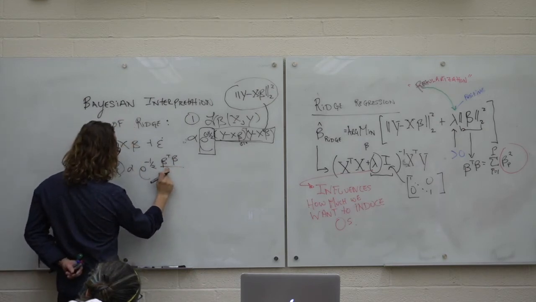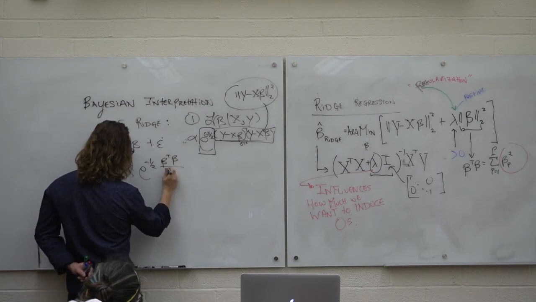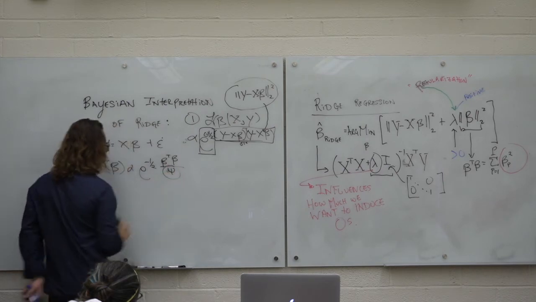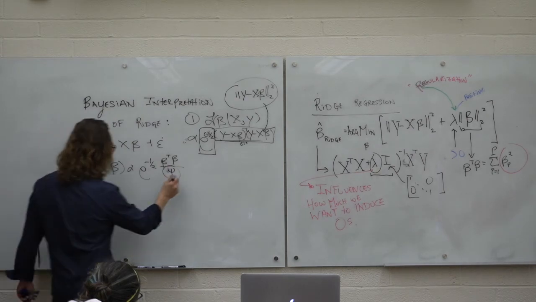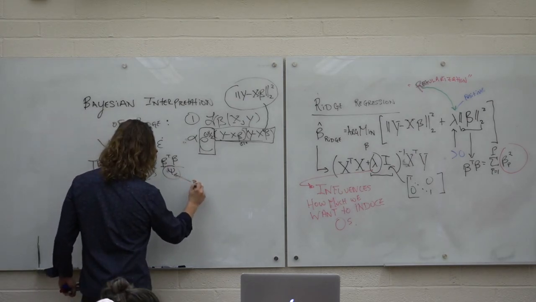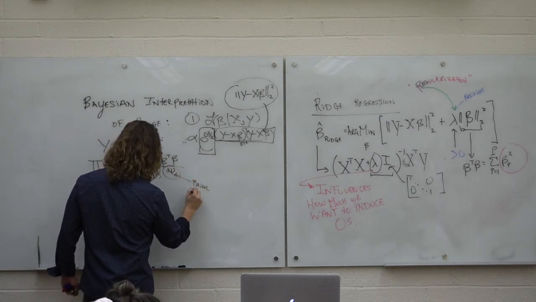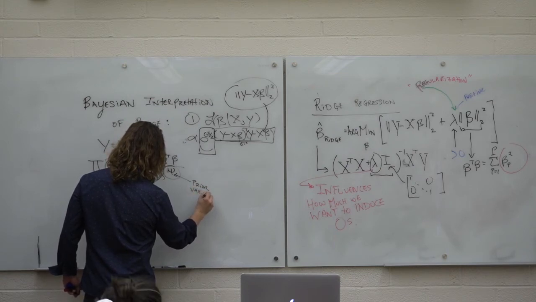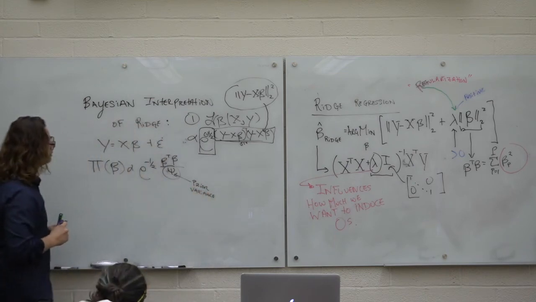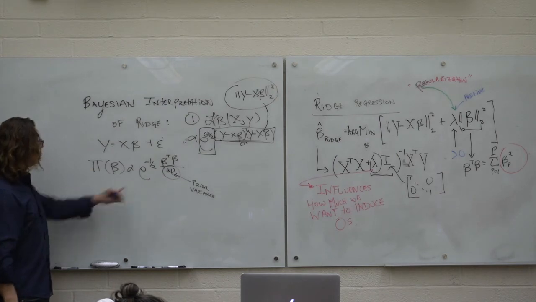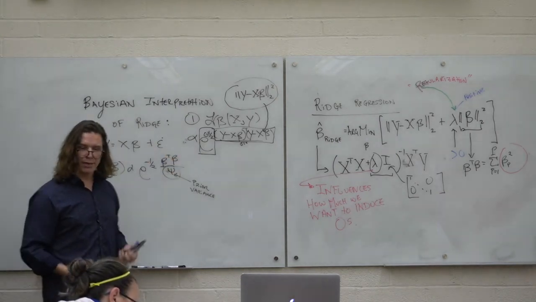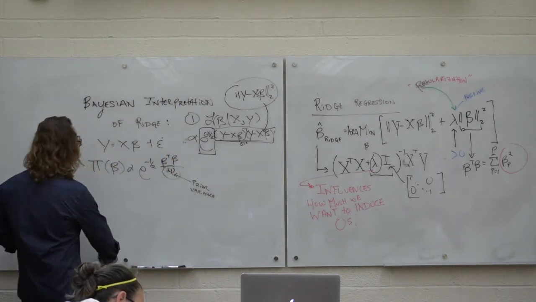And so this is going to be some variance. So this is my prior variance right here. So what a Bayesian does is they multiply that into that, they recognize everything, and then they go to town. Let's just do that.